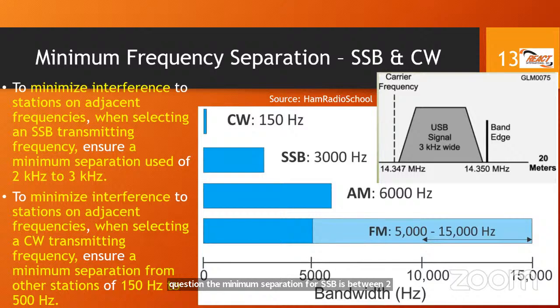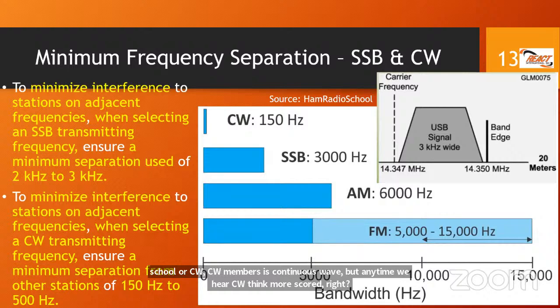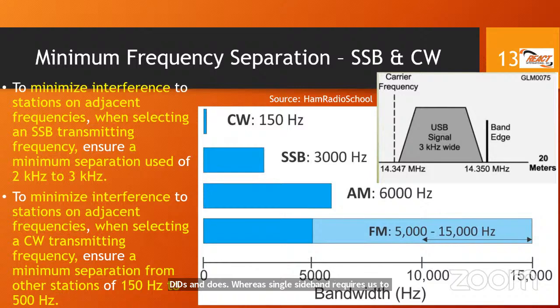Yeah? All right, also, similarly, if we are operating Morse code or CW, remember, continuous wave, but anytime we hear CW, think Morse code, right? Dits and das. Whereas single sideband requires us to maintain a separation, in other words, the lane separation needs to be 2 to 3 kilohertz, in the case of CW, we need to be between 150 hertz to 500 hertz.